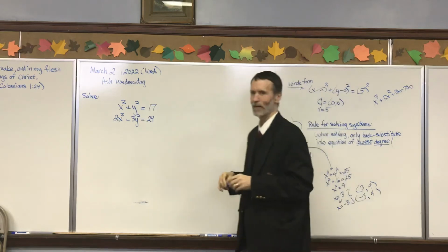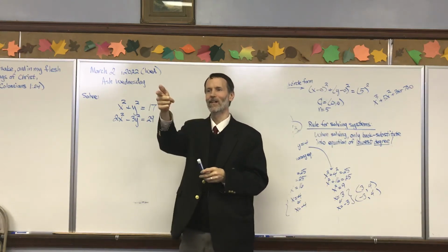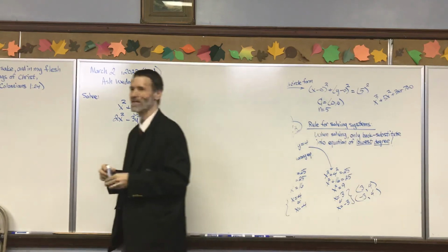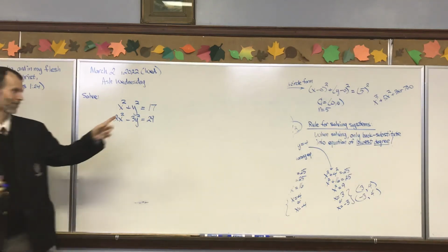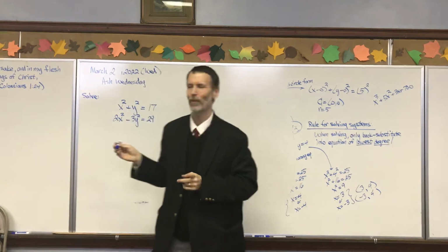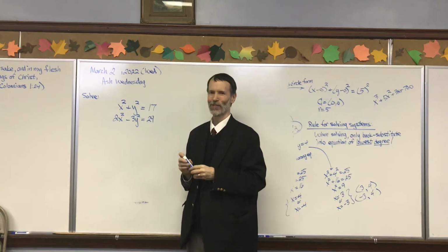What shape is the top? Yeah, it's a circle. How do you know that? Yeah, both variables are squared, and there's an addition sign. Now the radius on this top one is not going to be very nice. Can you tell me what the radius is?